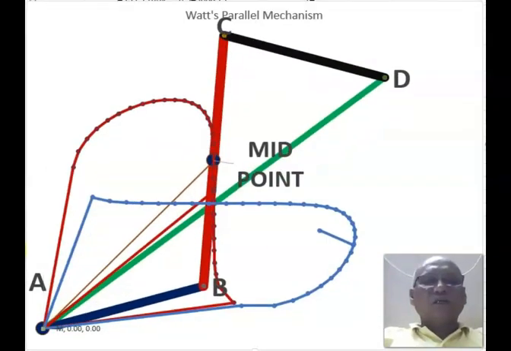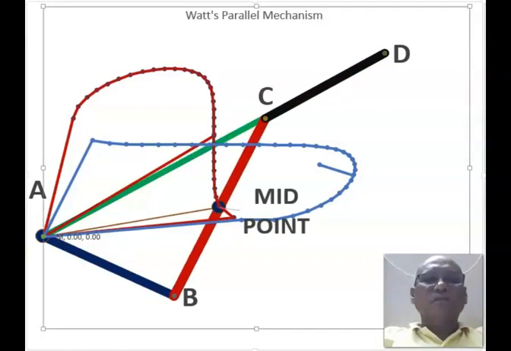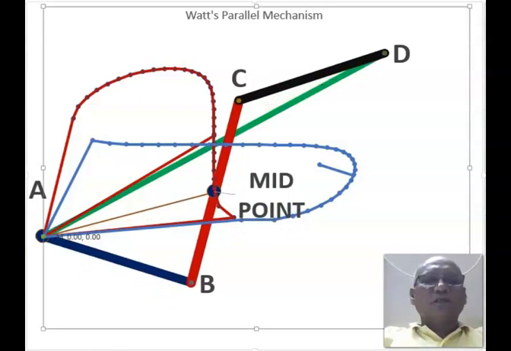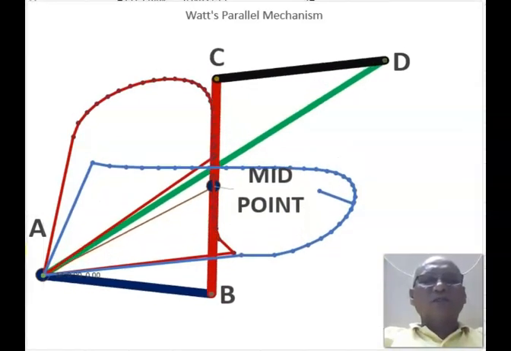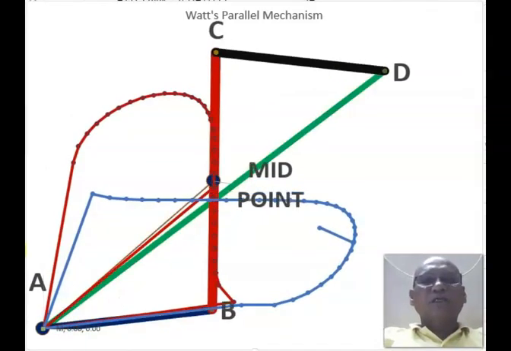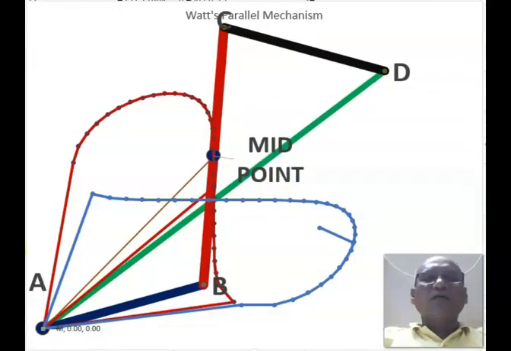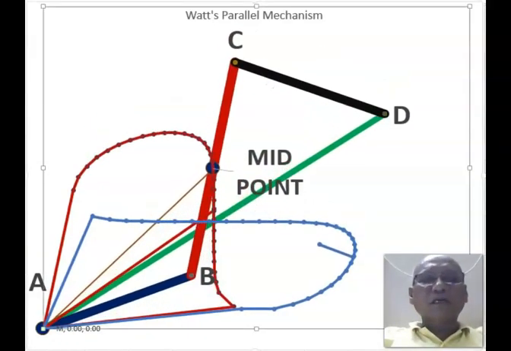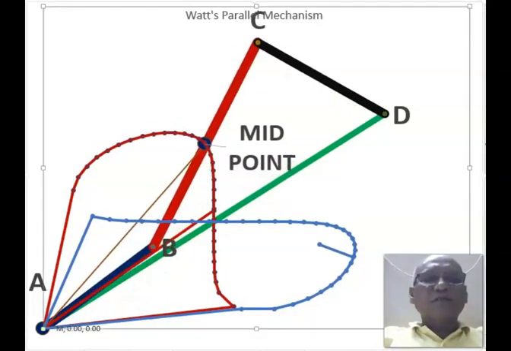Now you see that it is moving, sorry, this portion is actually the straight line portion. You can see that it is moving upwards, and at some points division by zero happens. This is the path it is following.